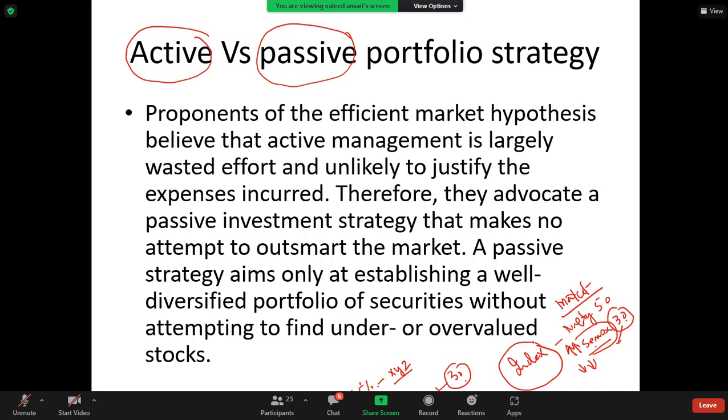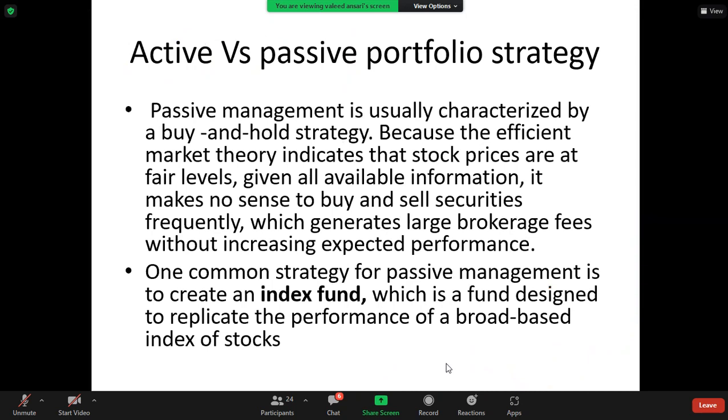With an active portfolio, you select 30 stocks and try to find out whether some securities are undervalued or overvalued, securities sold in the market at a lower price than their value. You buy them and then have a diversified portfolio. So there is a debate about this, and the jury is still out.